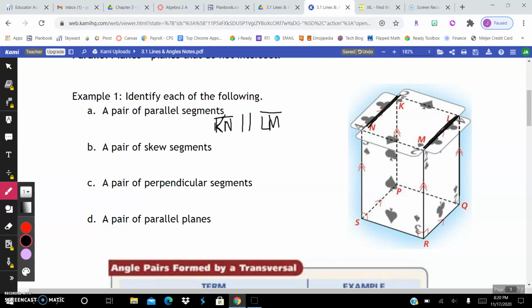A pair of skew segments could be this line here, KN, and then this one here on the back. So we could say KN and segment LQ.